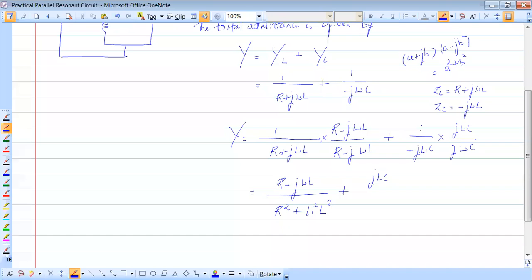So this minus into j square would give you plus. So you have omega c into omega c. Is it correct? So this and this go off, and you're left with j omega c. Oh, it's 1 by omega c. Very sorry, what is the problem there?